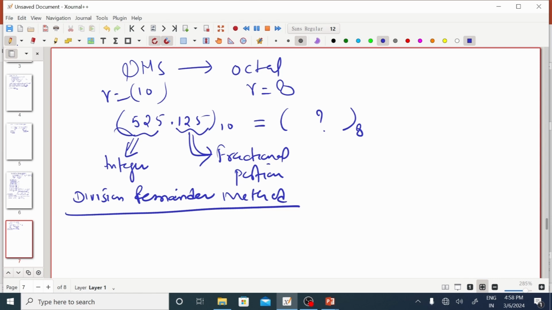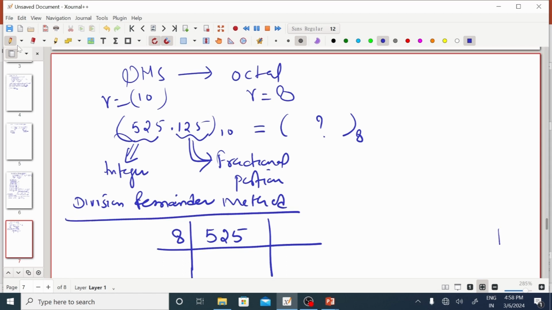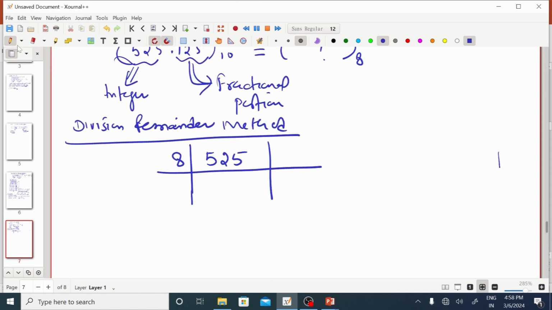So we take the integer portion of the decimal number, 525, divide it by 8 and take its remainder, and again the successive quotient is divided by 8 until the successive quotient becomes 0. When it is divided by 8, it goes 65 times, and the remainder is 5.